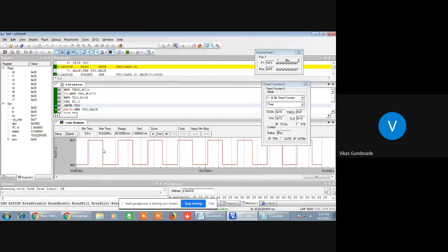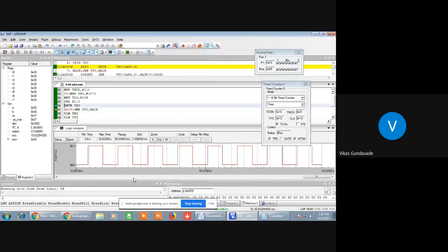So that will be the delay for the lower time. That will be again for higher time, and lower time and higher time, and so on. So we are getting here a 50% duty cycle. Similarly, if we want to change the delay accordingly, I think that program we have taken, or I have showed you the demonstration, right?